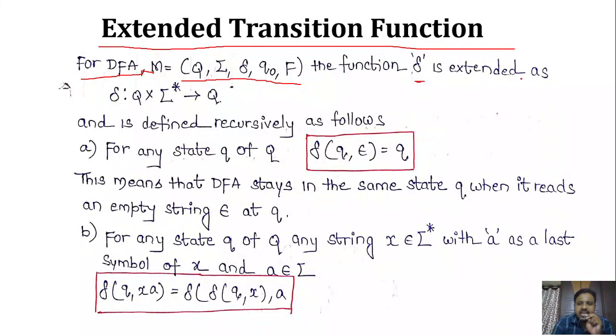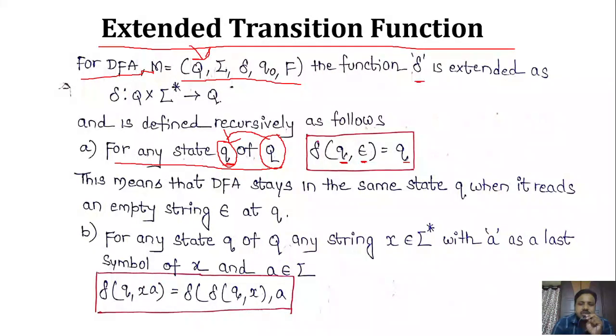The function delta is extended as follows, and here we have two properties. The first thing is that for any state small q of capital Q, small q is some state that is a member of capital Q, right? As you know, capital Q is the set of states. Out of those states we pick one state and represent it as small q. On that particular state, if you process epsilon, then you will be in the same state.